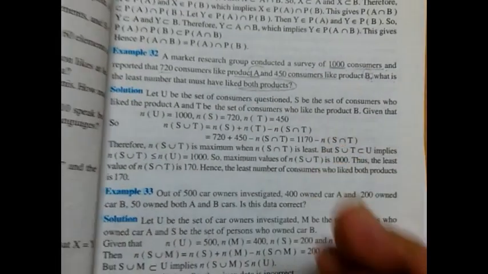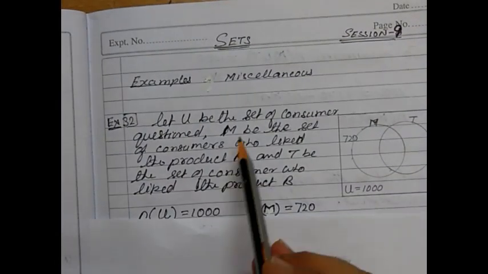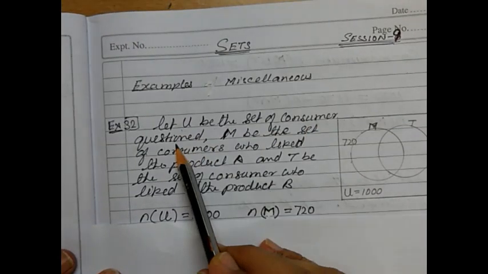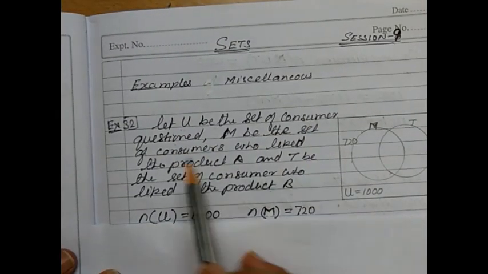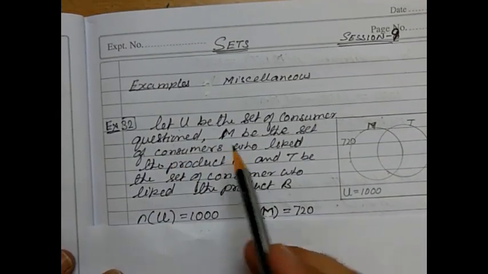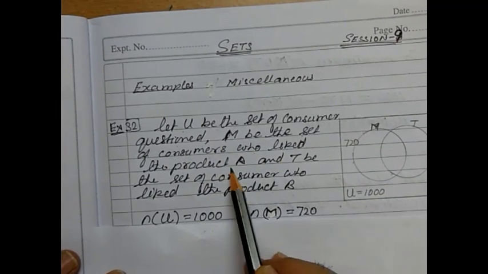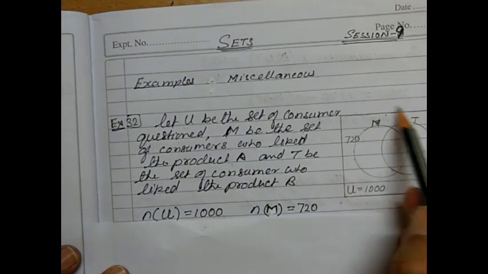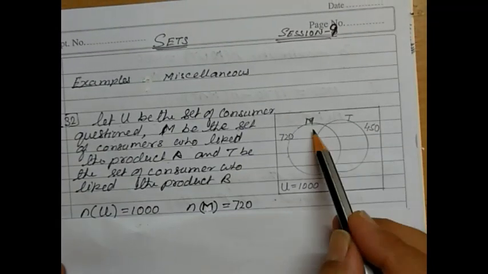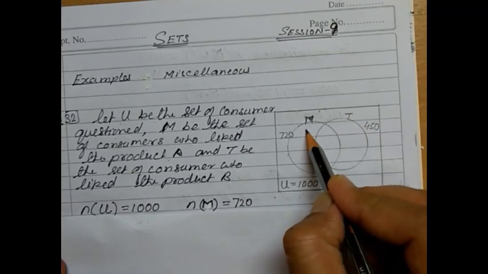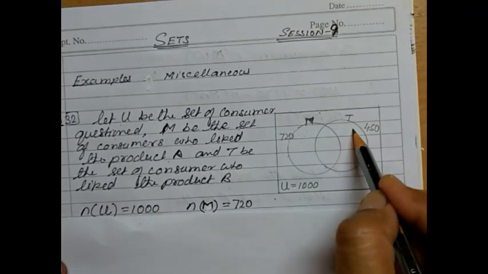So here I have done the solution. Let's see, and I will explain it here. Let us assume that U is the set of consumers who were questioned when the survey was done, and let M be the set of consumers who like product A. In the Venn diagram I have marked these as M and T; I have not taken the sets A and B for the products.